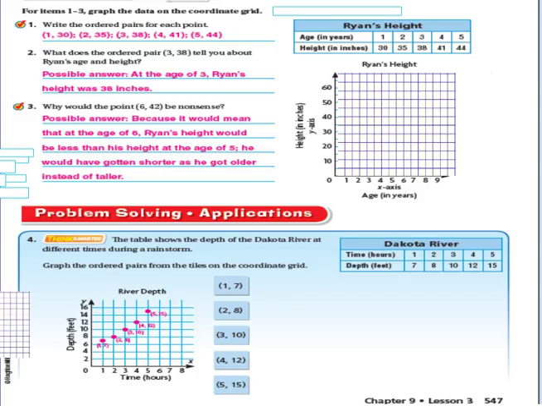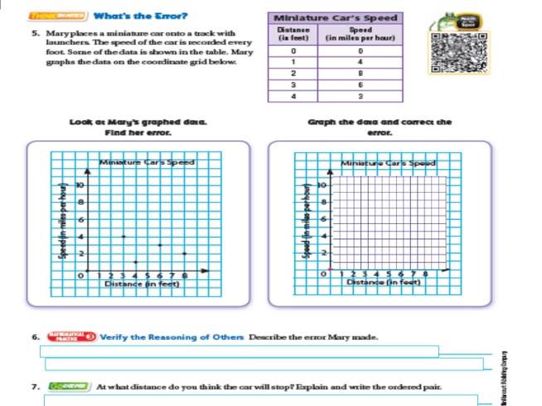Okay, does your graph look like mine? So now we're going to look for an error, because a lot of times, when we talked about Ryan's height back there, how he would turn 6 and he was 42, but at 5 he was 44, there must be some mistake or an error.